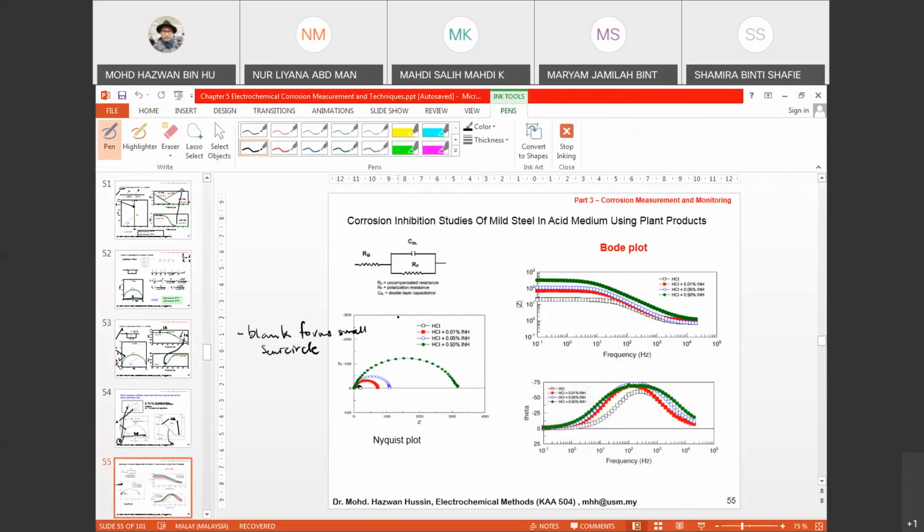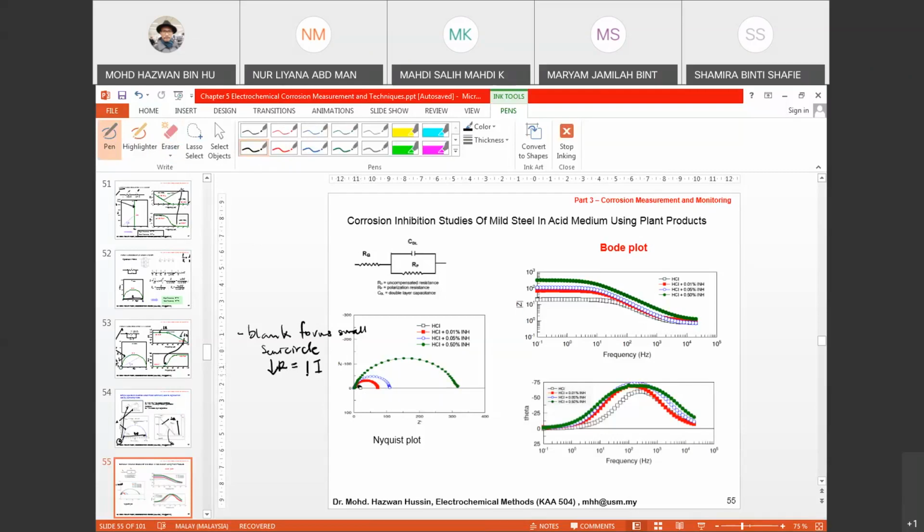Earlier I told you that it forms a small semicircle, and this indicates that you have a bigger resistance. Sorry, it's actually the other way around. For the blank, a small semicircle means that you have a lower resistance.